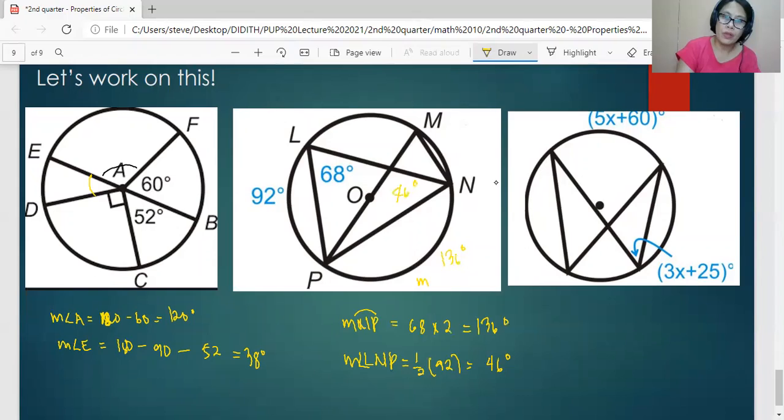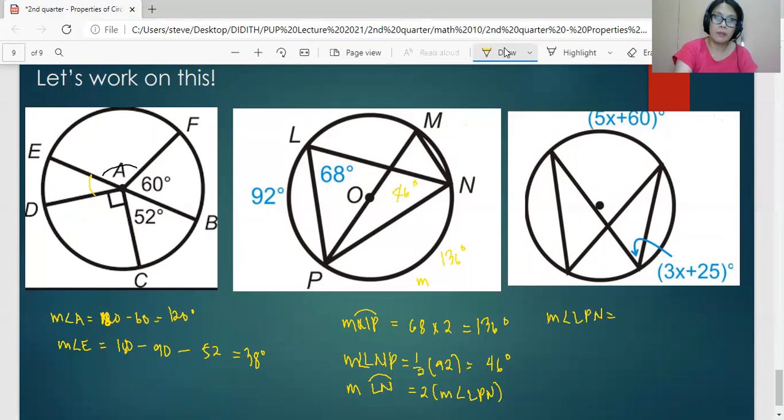Now we can work on the measure of arc LN. Okay? So measure of arc LN equals, or twice, rather, the measure of angle LPN. So we have to work on the measure of angle LPN first.